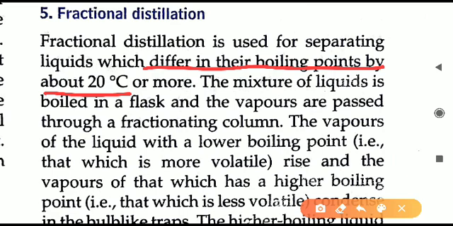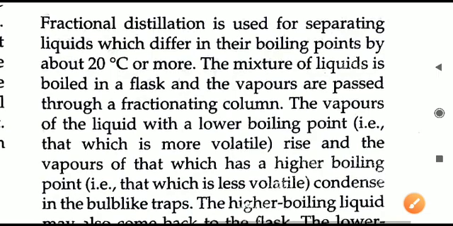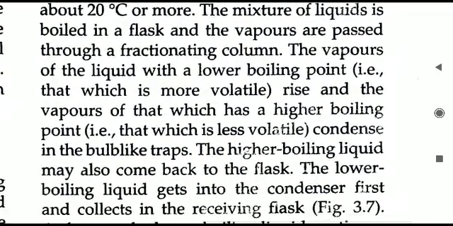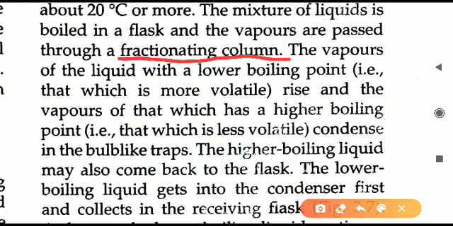It means the different liquids which we have to separate should boil at different temperatures, and the difference in their boiling point should be minimum 20 degrees Celsius. The more it can be, that is not a problem. Minimum 20 degrees should be there. So now we will understand this fractional distillation. In this we are using a special kind of substance, that is a fractionating column, in which the different liquids can be separated.